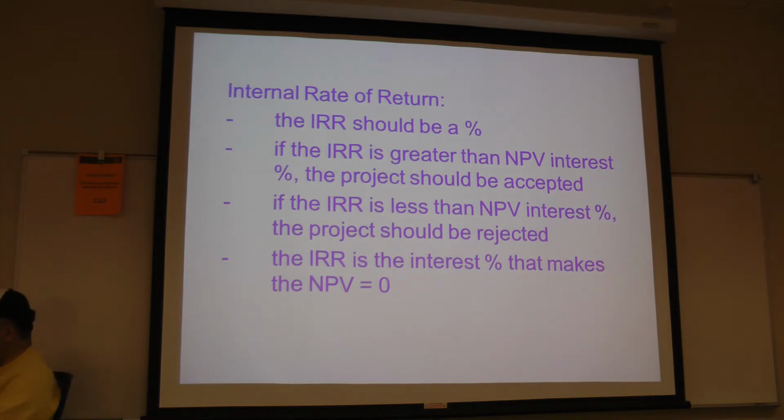If the internal rate of return is greater than the net present value interest rate, the project should be accepted. If the internal rate of return is less than the net present value interest rate, the project should be rejected. The internal rate of return is the interest rate that makes the net present value calculation equal to 0.